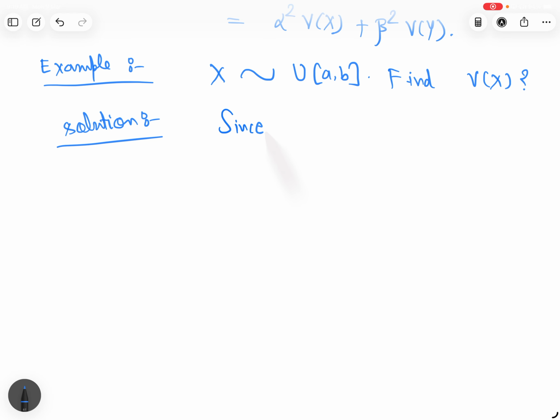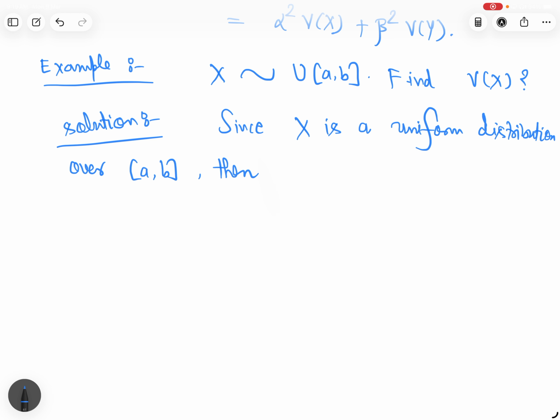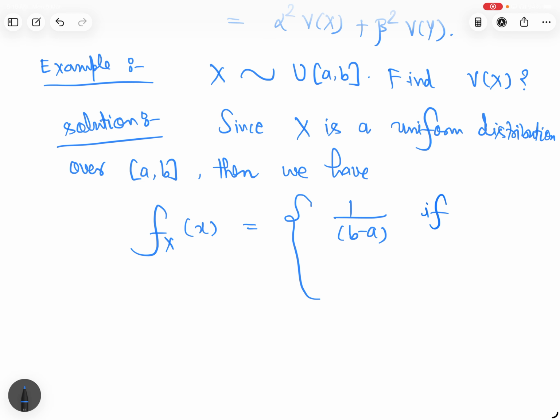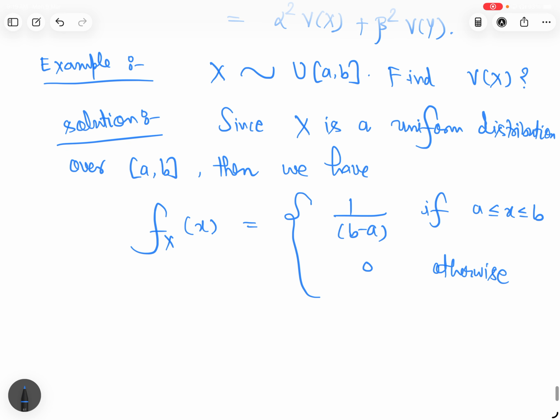Since X is a uniform distribution over the closed interval [a, b], we have the probability density function given by 1 upon b minus a if x lies in between a and b, and 0 otherwise.